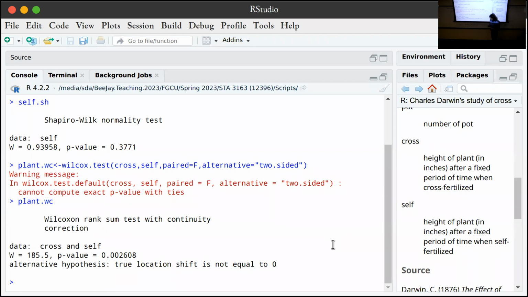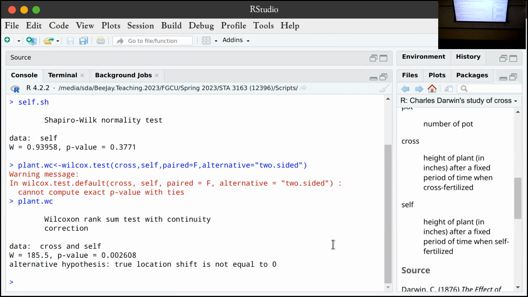So do we see the test statistic U? Yes, then 185.5. The p-value is 0.002608.